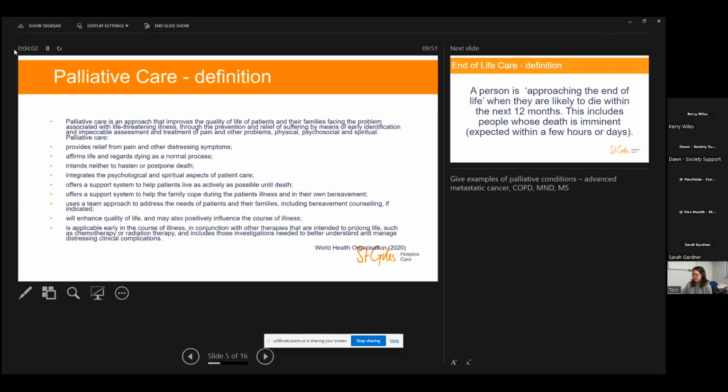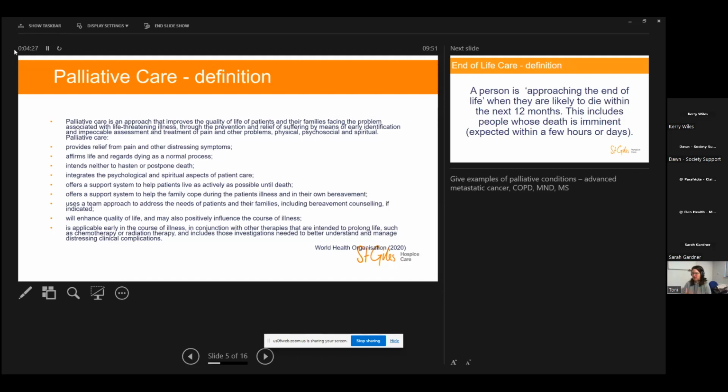It also highlights the fact that palliative care can run alongside other therapies. So it's not like the American system. The American system is very much once you're palliative, that's it, you're not allowed anything else, not even an antibiotic, and that's because of their private healthcare system. Over here, it's different.